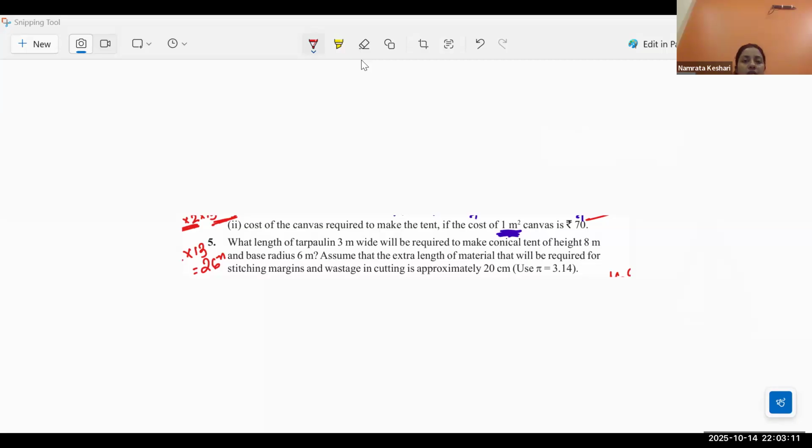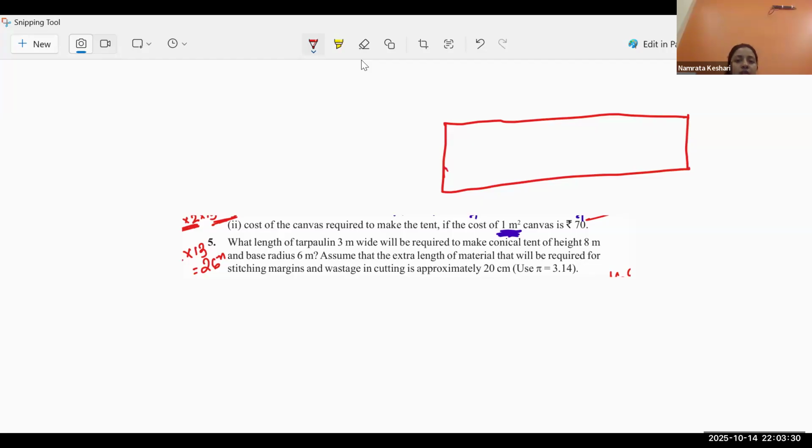Tarpaulin is a material, just like a sheet, which is 3 meter wide, will be required to make a conical tent.